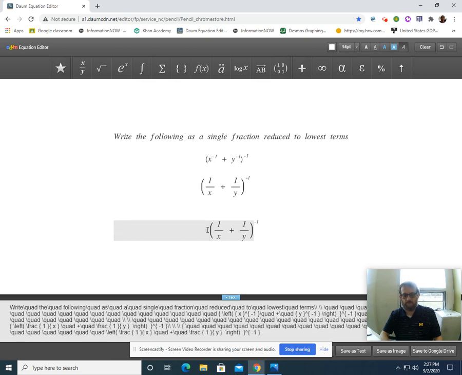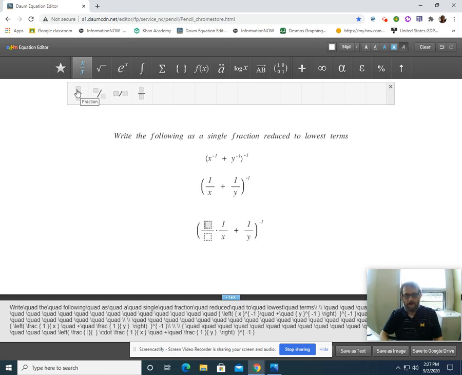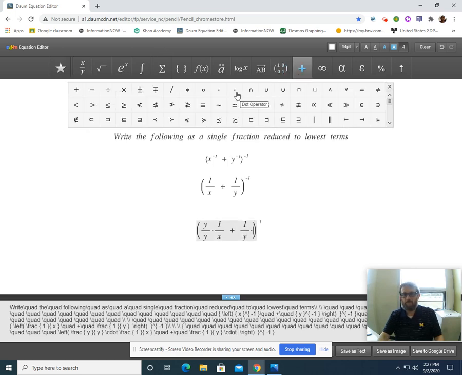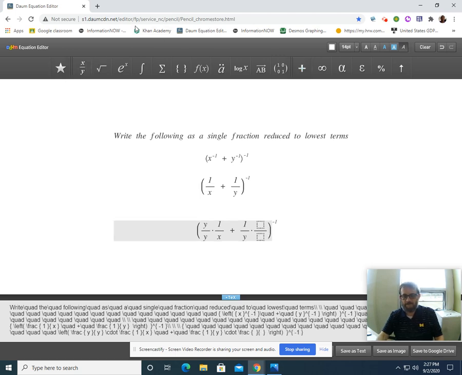Now, I talked about this with a couple of the other classes just the other day. I need this bottom. It's missing something. Well, what it's missing is a y. So I'm going to multiply this fraction by y over y. And I'm going to multiply this fraction by x over x.